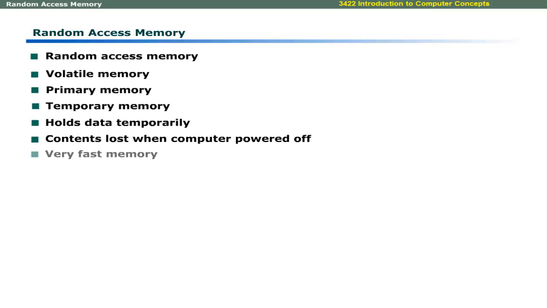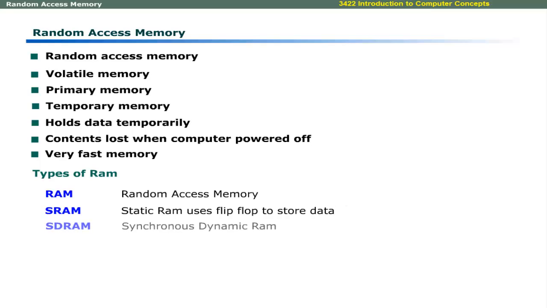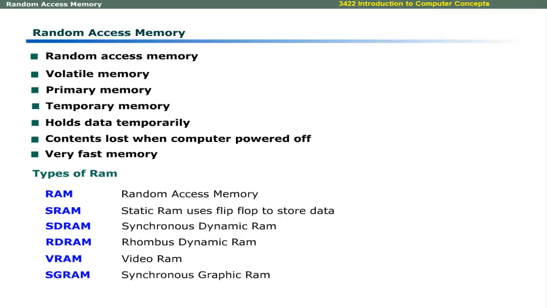RAM is a very fast memory as compared to permanent memory. Over the past few years, different types of RAM have been introduced. These include DRAM, SRAM, SDRAM, RDRAM, VRAM and SGRAM.